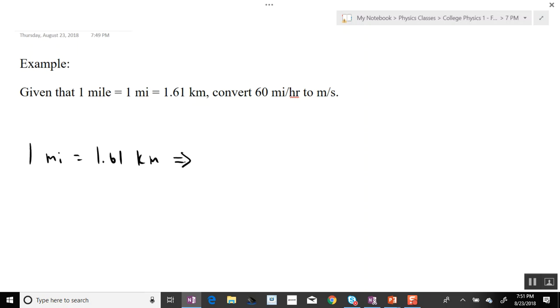So if I divide both sides by a mile, then I get this version of 1: 1.61 kilometers divided by 1 mile is equal to 1, right? So that's literally the number 1. The number 1 is 1.61 kilometers divided by a mile. Or I can take the inverse of both sides, and I get 1 because the inverse of 1 is 1, but the inverse of this side is 1 mile.